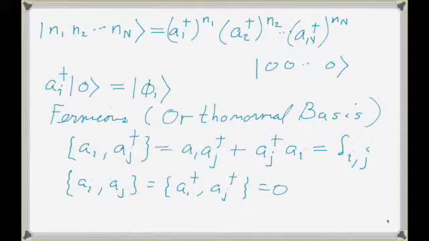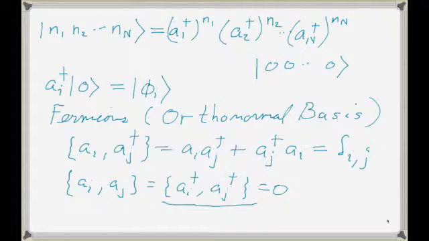If you look at these relationships, what this means is if you switch the order in which you create two particles, you introduce a sign of -1. That's like switching the rows or columns in a Slater determinant: in a determinant, if you interchange two rows or two columns, you change the sign of the determinant.